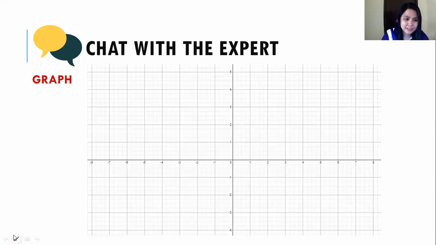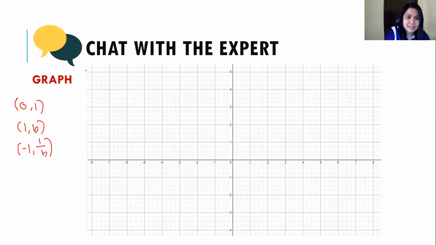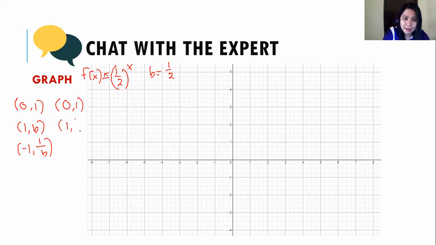Again, the 3 points. What are the 3 points? That's 0, 1, 1, b, and negative 1, 1 over b. Since our function is 1/2 to the power of x, then our b is 1/2. So we have 0, 1, then 1, 1/2, then negative 1, 1 over 1/2, which is equal to 2.